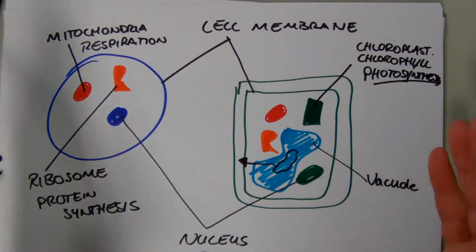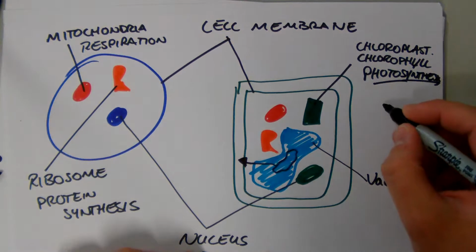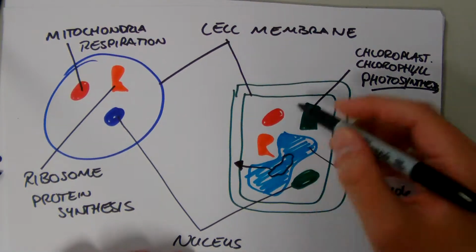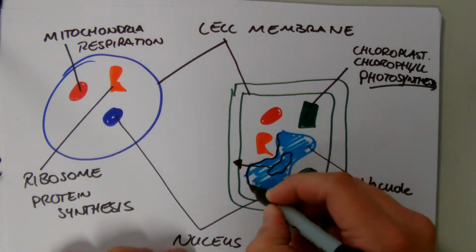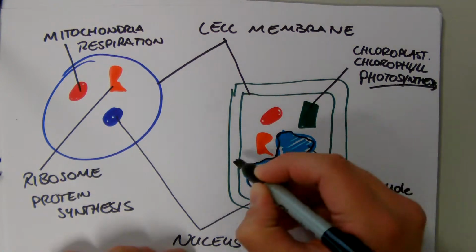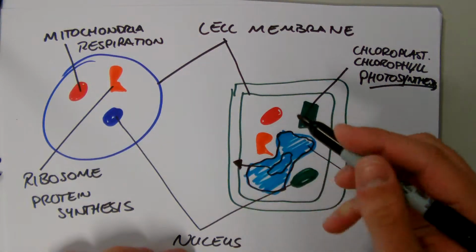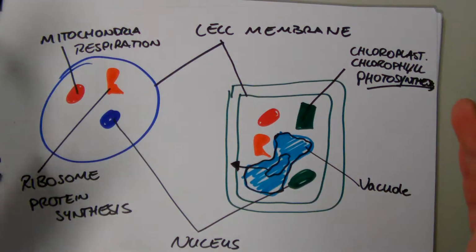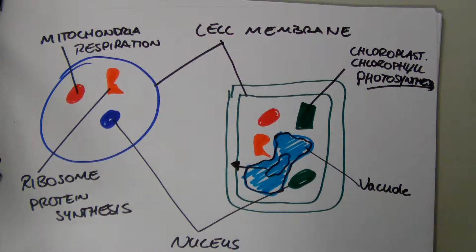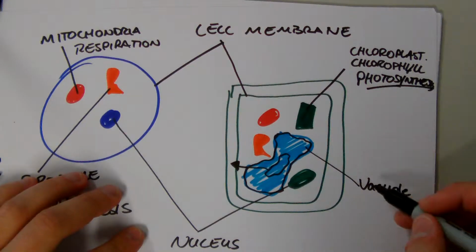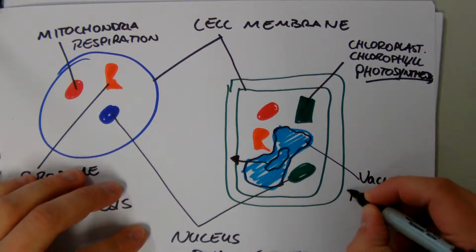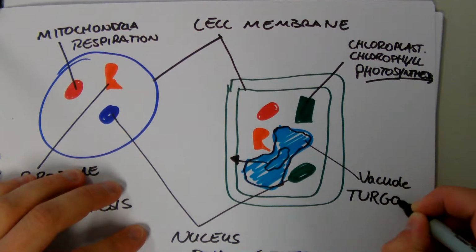So what happens is that my cell shrinks in. If it's full, if there's lots and lots of water inside, it can squeeze out against the cell membrane and the cell wall, and it can keep my plant cell under pressure. In fact, the vacuole is responsible for maintaining turgor pressure.